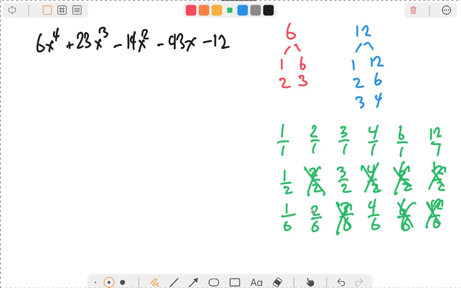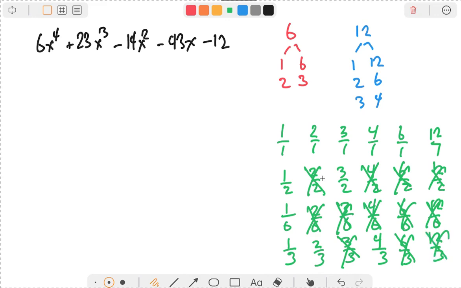I skipped that one. So I'll go 1 over 3 is the same as 2 over 6. 2 over 3 is the same as 4 over 6. 3 over 3 is the same as 1. 4 over 3, I don't have that one. 6 over 3 is 2, I got that one. And 12 over 3 is 4, I got that one.